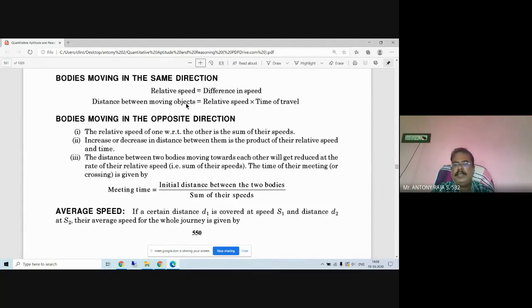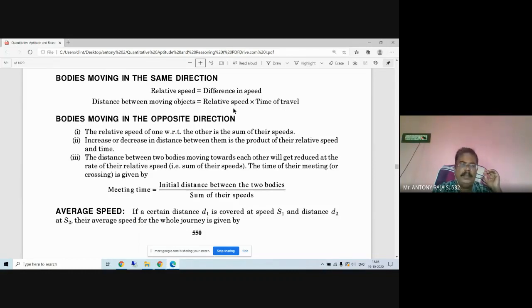Distance between moving objects is equal to relative speed multiplied by time of travel, or you can know that speed is equal to distance divided by time. From which you can derive relative speed, time of travel, or the distance between moving objects.